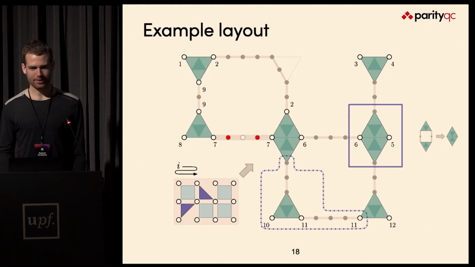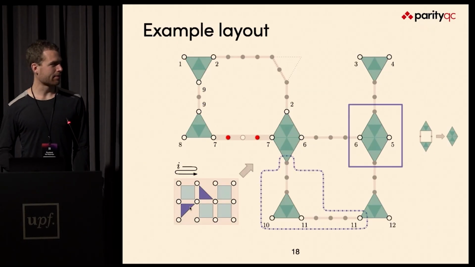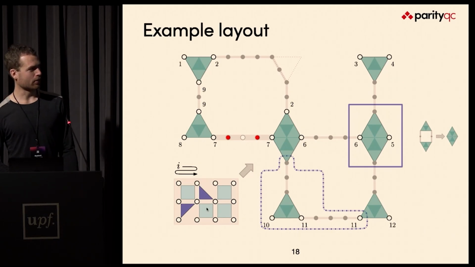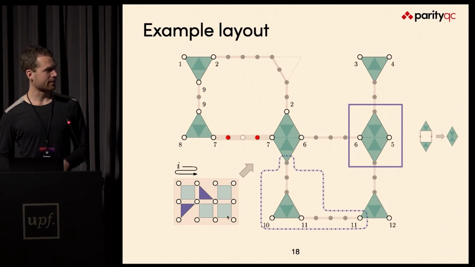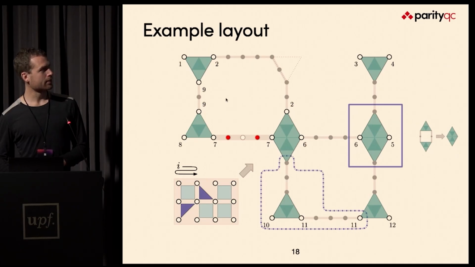To see how this will work in practice, here I've shown this layout and how you can implement it with these gadgets. So this square, for example, becomes this thing here, which is a triangle with a link and this triangle, so that is this gadget. And this triangle is actually included in this, because you can think about this square again as two triangles, but then you already have this triangle in there.